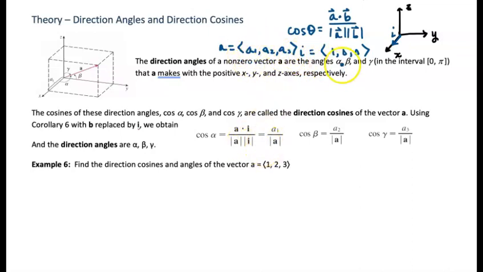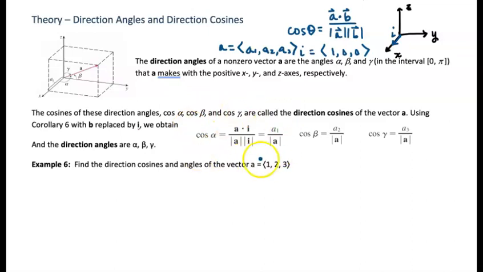We're taking A1 times 1, adding to that A2 times 0, and adding to that A3 times 0. And all we're left with is the first component when we're talking about this alpha. Now with beta, we're doing the same exact thing, except with this unit vector j. With gamma, same thing, except with this unit vector k. So while this might look a little bit strange, there's nothing new here.